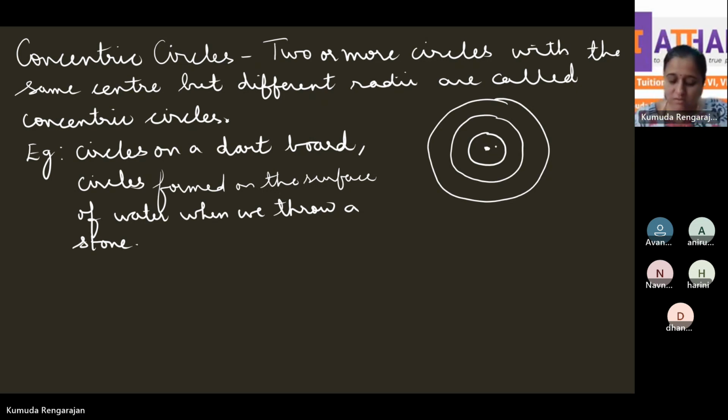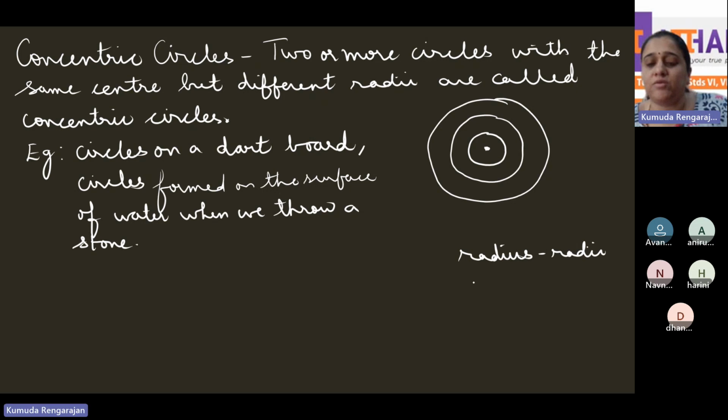Okay. So what are concentric circles? Two or more circles with the same center but different radii. Radii is the plural for radius. Radius, radii, like how you say boy, boys. Syllabus, syllabi.